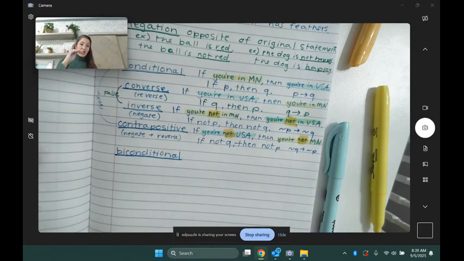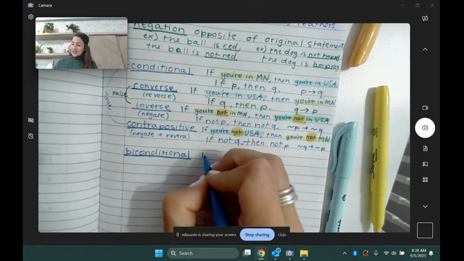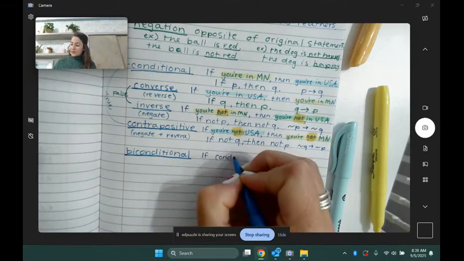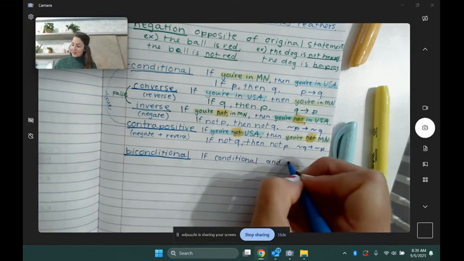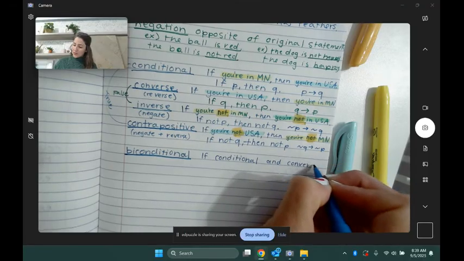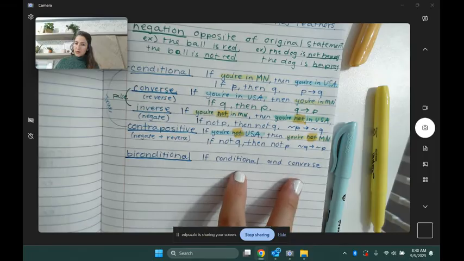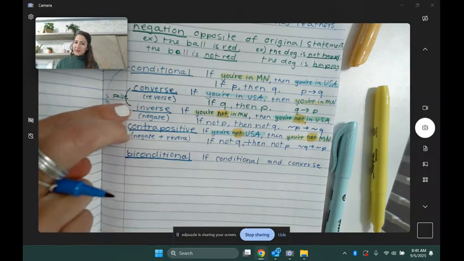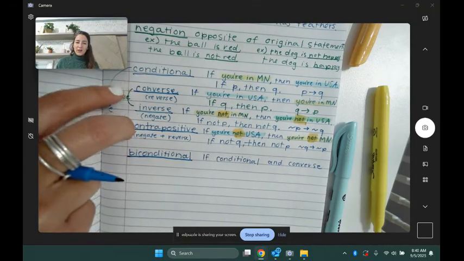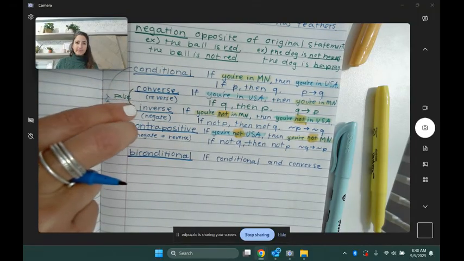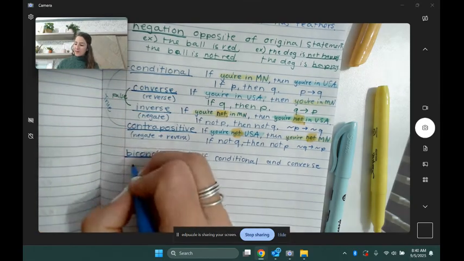If the conditional and converse are true, and if these two are true, then that does automatically mean that these two are true. Like the converse and inverse, they're going to be the same truth value, and conditional and contrapositive will be the same.